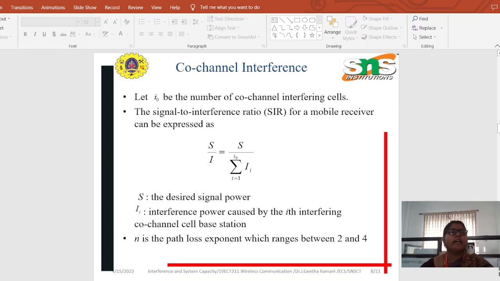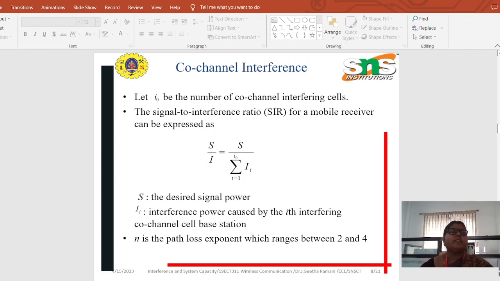Suppose let I0 be the number of co-channel interfering cells. There are totally I0 co-channel cells. Then another important factor in this interference is the signal to interference ratio, SIR, the ratio of signal to interference, S by I, which is equal to S divided by the total interference power, the summation of the power created by all the interfering co-channel cell base stations.